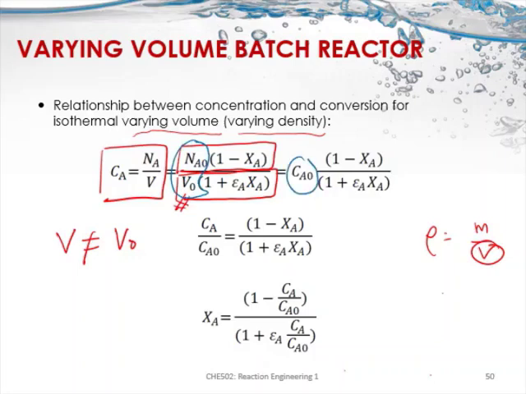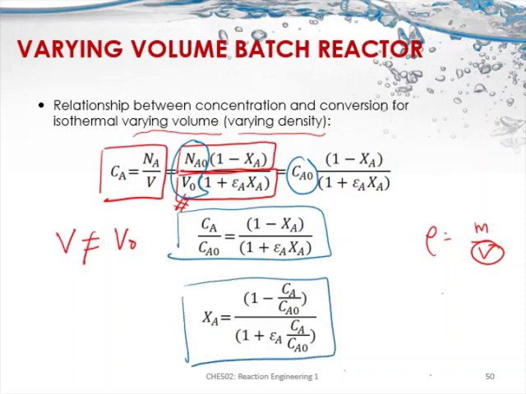This is also a very important relationship that you need to know, especially when dealing with gas phase, varying volume. Rearranging, you may have it in terms of X, so that X is equal to the rearranged item.